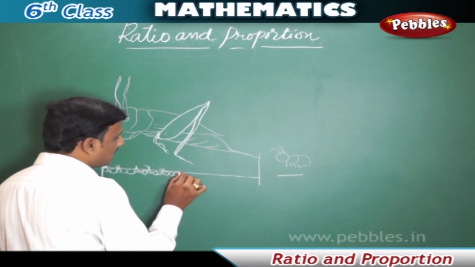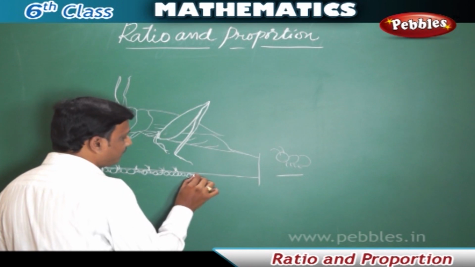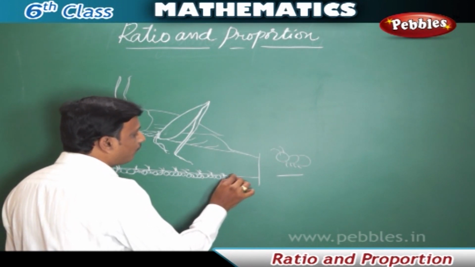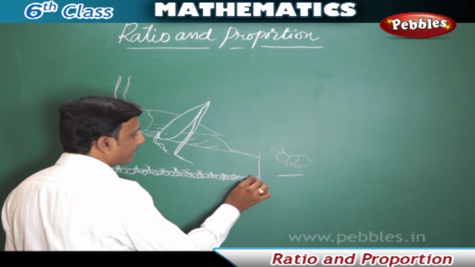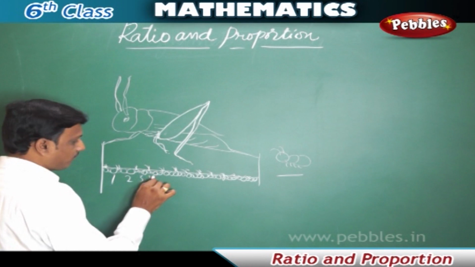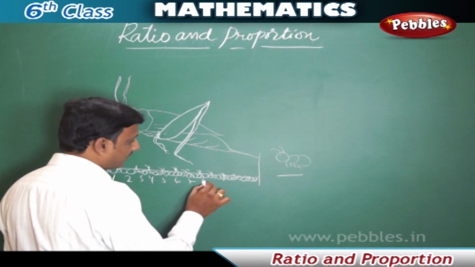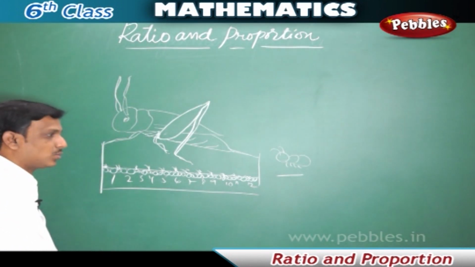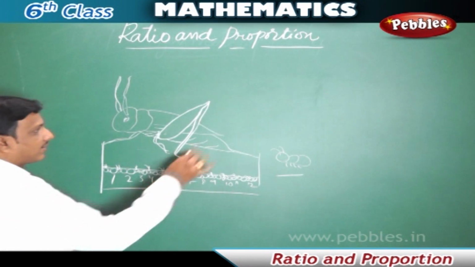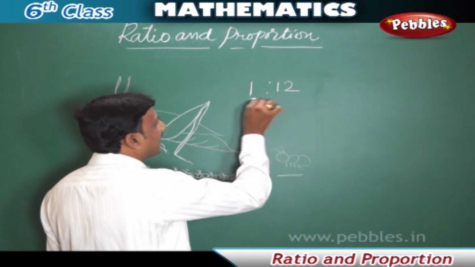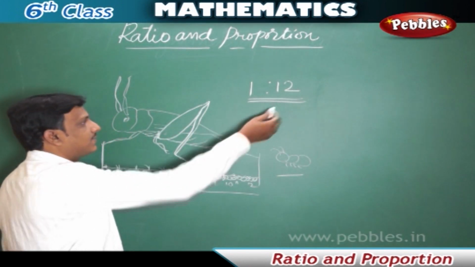Now let's see how many ants fit in this length that matches with the length of a grasshopper. 1, 2, 3, 4, 5, 6, 7, 8, 9, 10, 11, 12. So that is 12 ants. So one grasshopper is equal to 12 ants. So this is a better comparison.